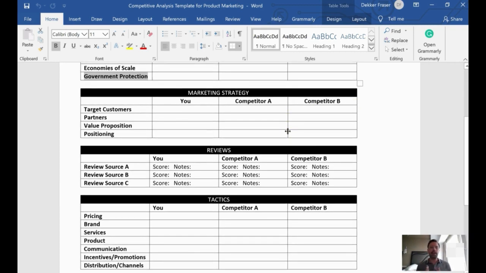The other thing, and I think this is probably the big thing with marketing strategy that product marketers miss, is partners. A huge part of your marketing strategy is who you partner with. So for example, it might be a retailer, Walmart or Amazon. It might be certain app marketplaces that you're participating in. It may be key influencers that are endorsing your product.